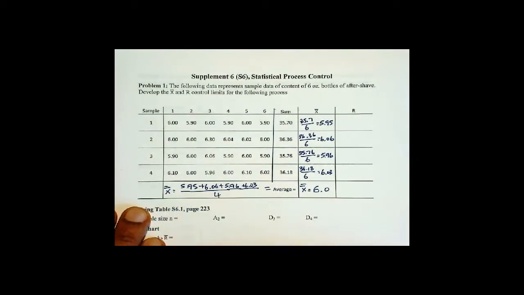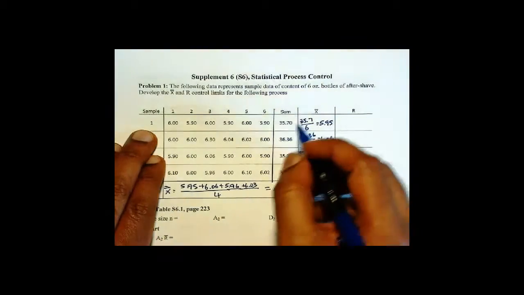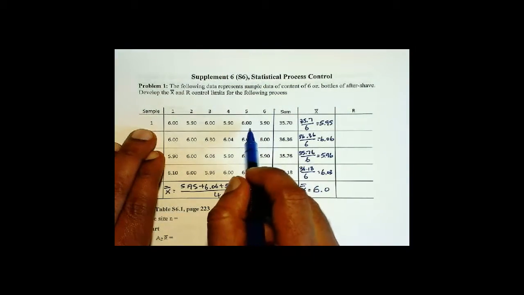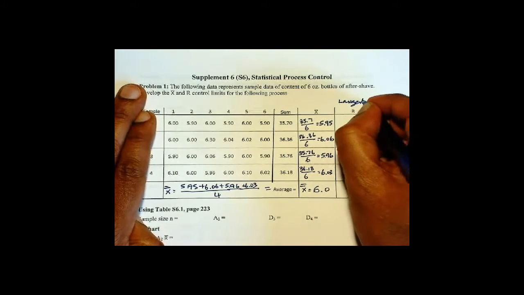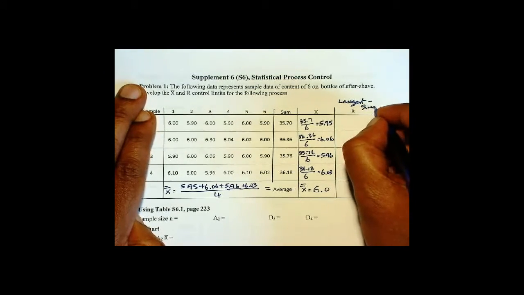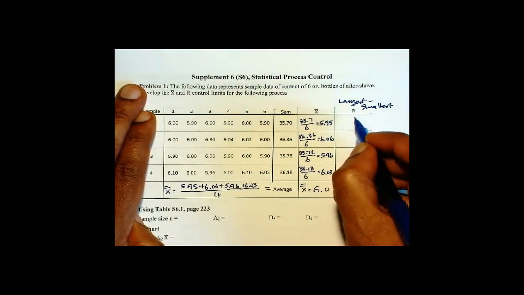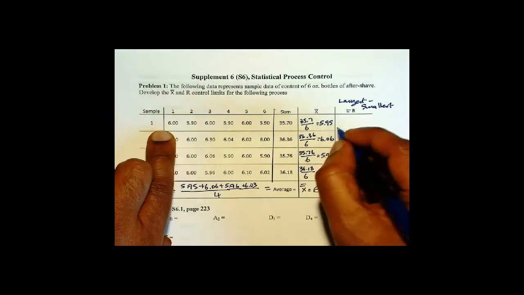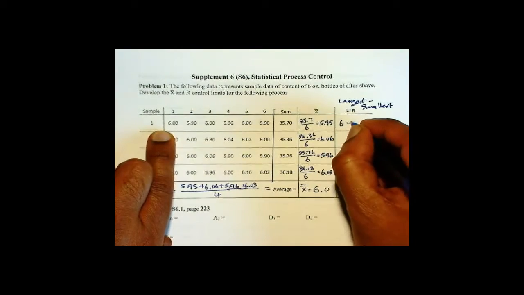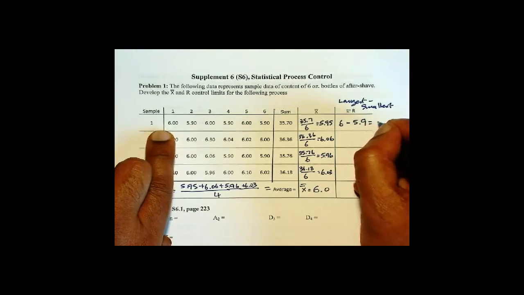Okay. Now range, so you look at the largest value minus the smallest, so that is R. The largest value here is 6, smallest value is 5.9, so 0.1.